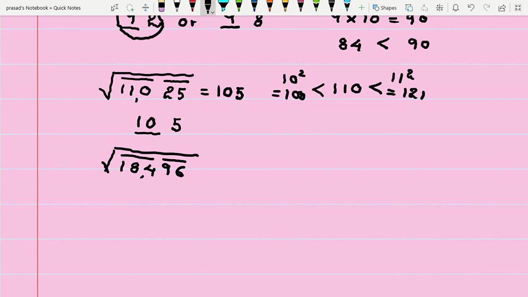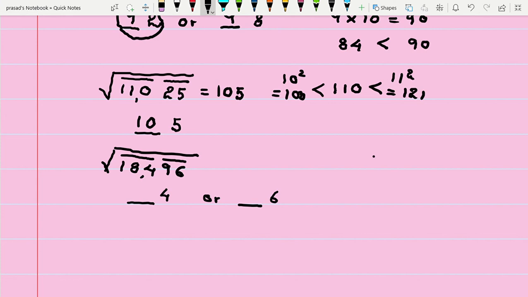So one group is 184, other is 96. Now, since the number is ending with 6, the square root will end either with 4 or 6. So these blanks I have to fill.